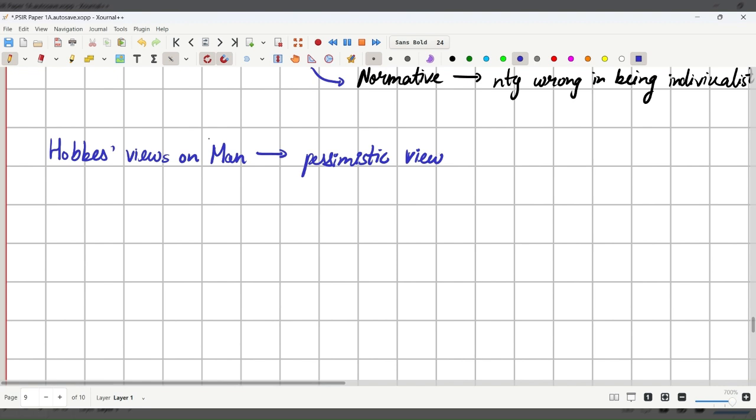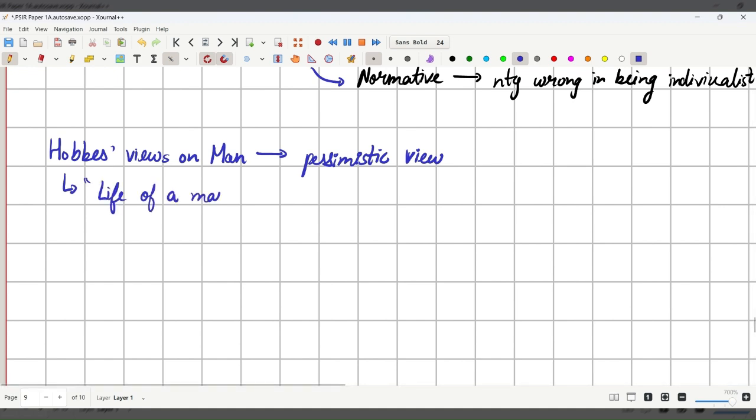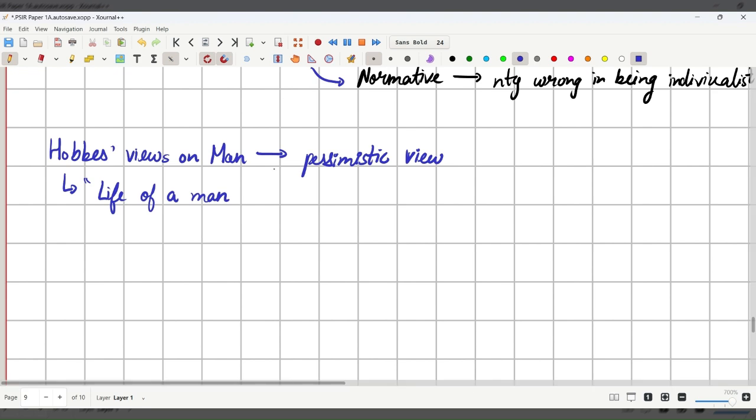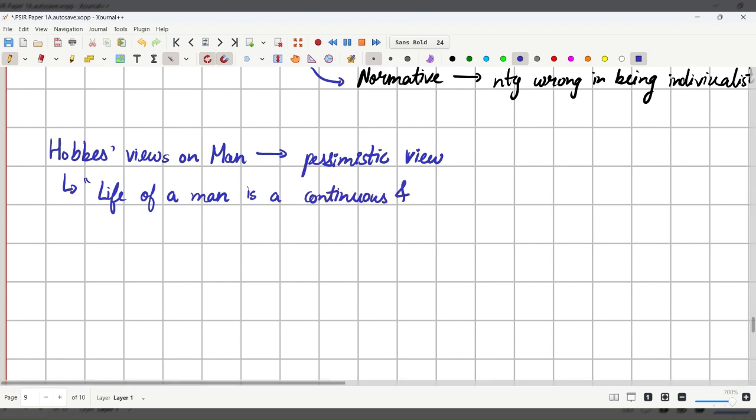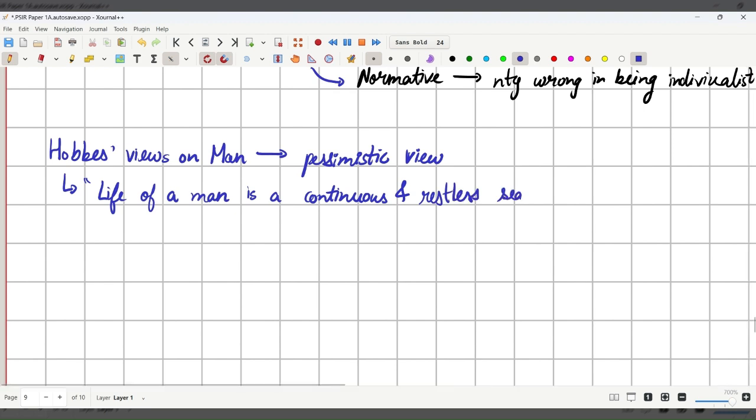According to him, the life of a man is a continuous and restless search for power.